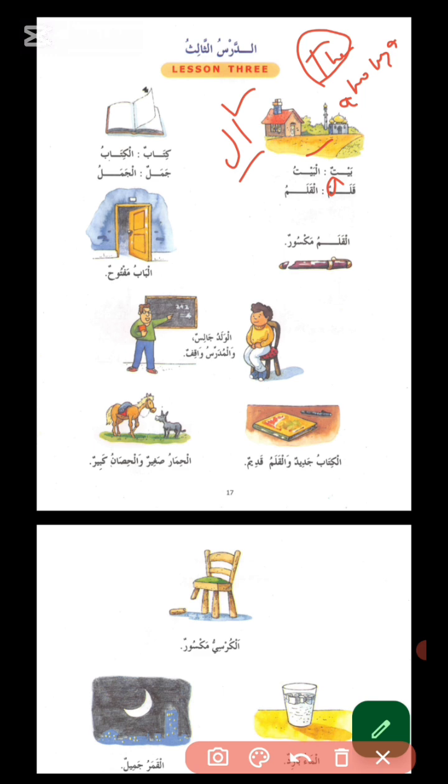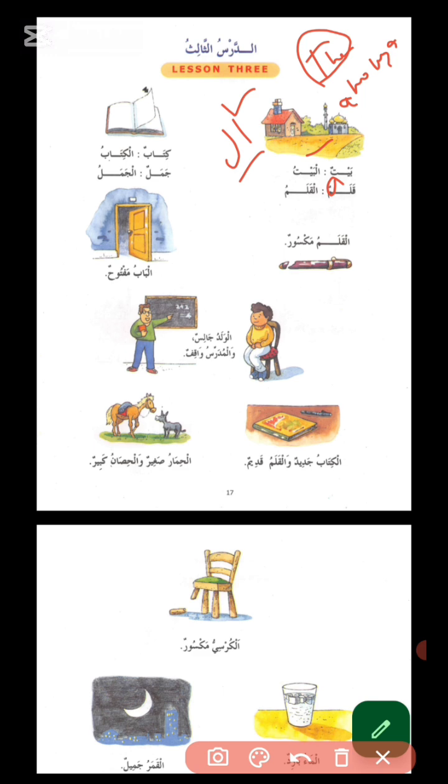So if the definite article is not added at the beginning, we will double the o sound, or add tanween: qalamun. And if we prefix the definite article, then we will say al-qalamu.